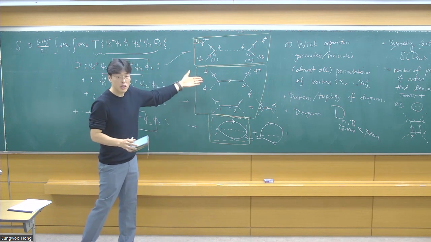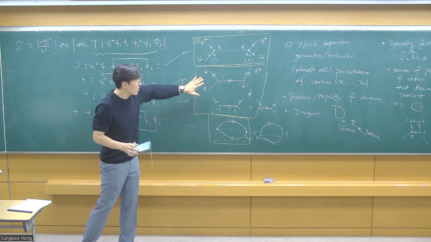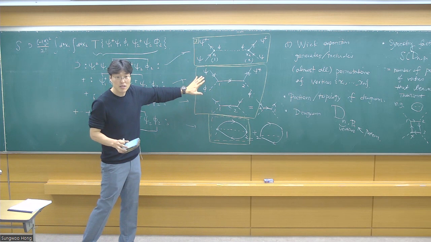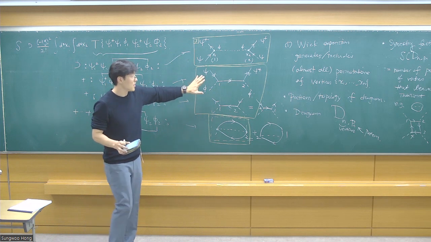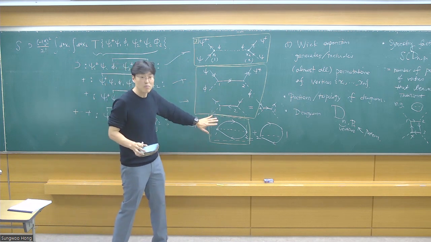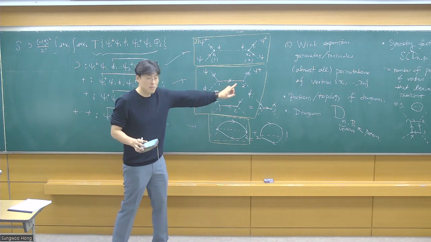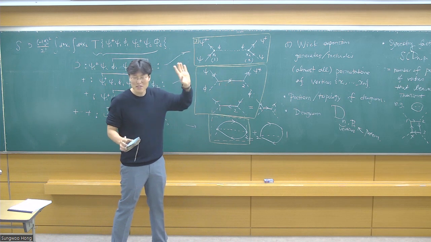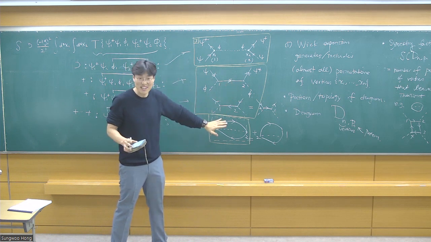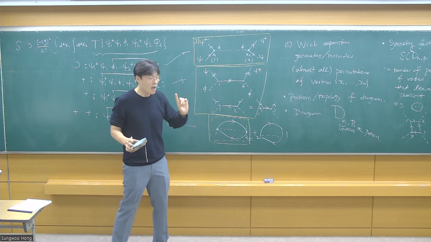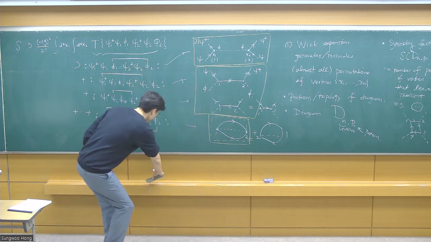For a given topology, we get some number of equivalent diagrams, but sometimes exactly the same diagrams. When it is exactly the same diagram, we define a symmetry factor.